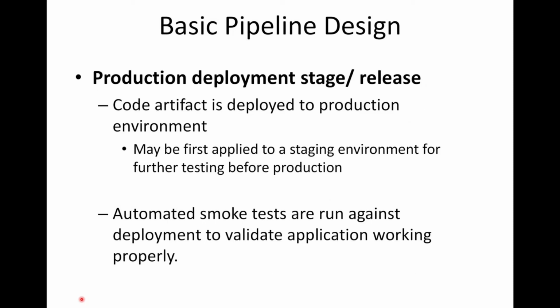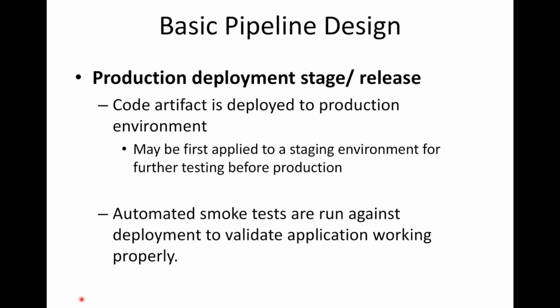The next stage after testing is to deploy or release our software. In this case, our code artifact is being deployed potentially to a production environment. Maybe instead of deploying our code directly to a production environment, we'll first deploy it to a staging environment. And then in the staging environment, we'll run a series of automated smoke tests.